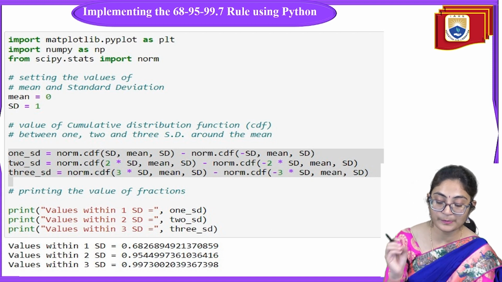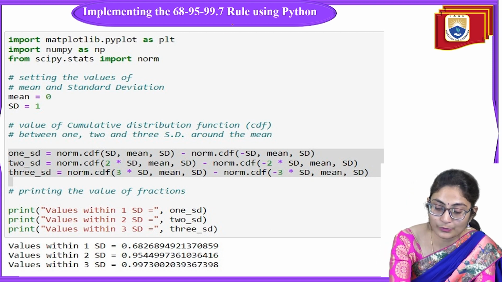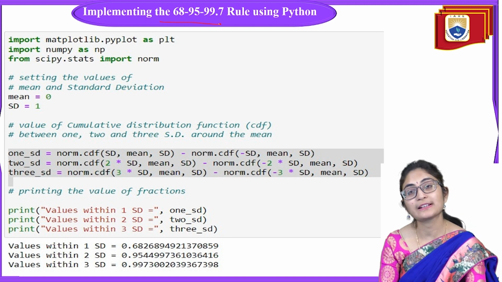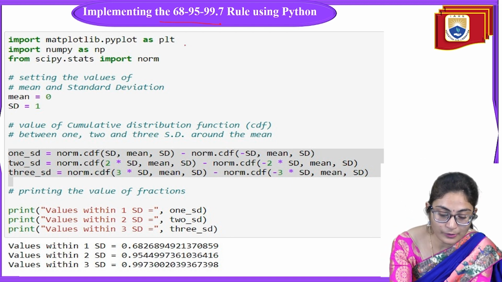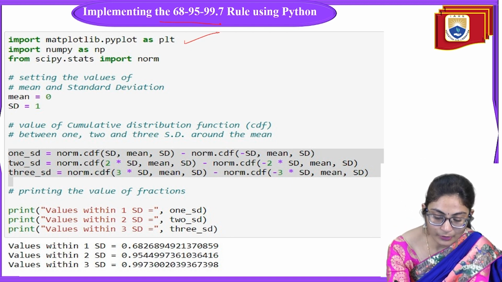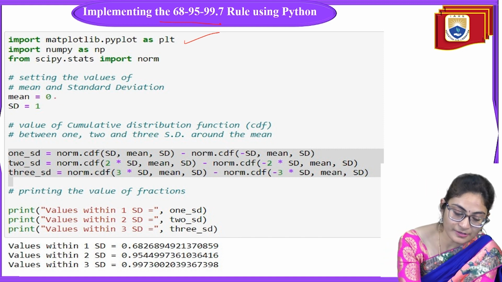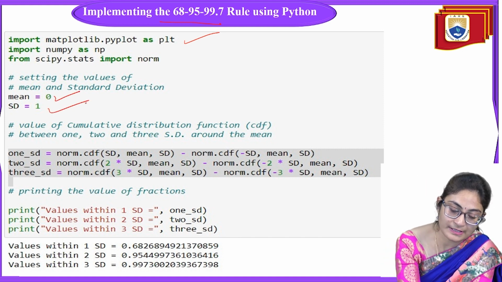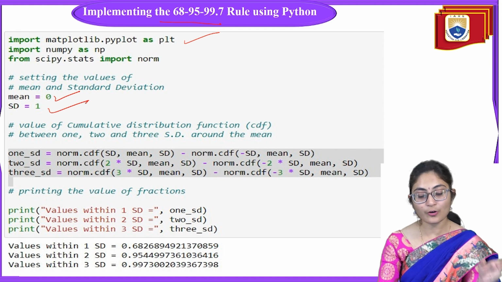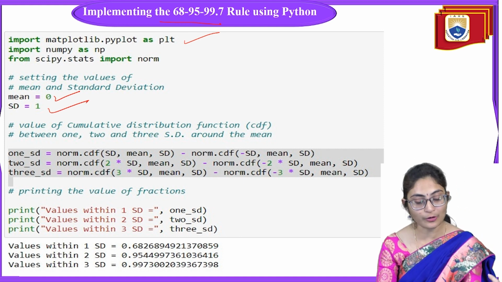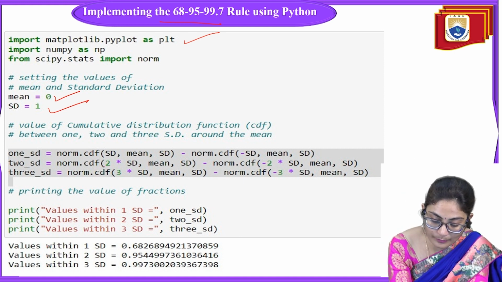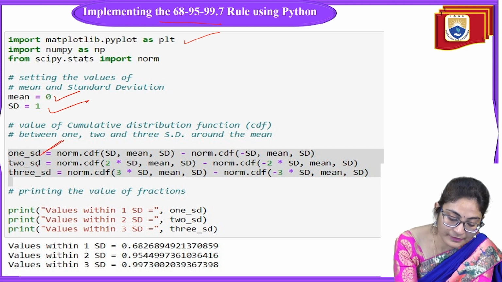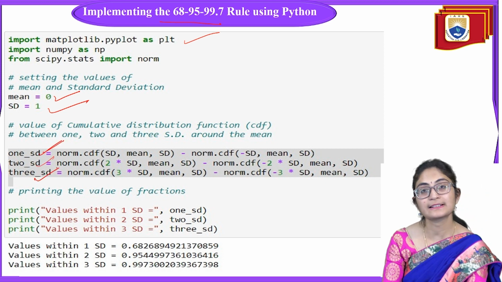Now we have implemented this using 68, 95, 99.7%. When you implement this, we just have to take the mean equal to 0 and standard deviation equal to 1. And on that basis, we have to find out all the values. Now, 1 standard deviation, 2 standard deviation and 3 standard deviation.